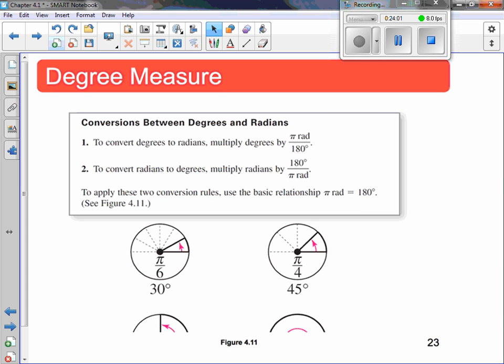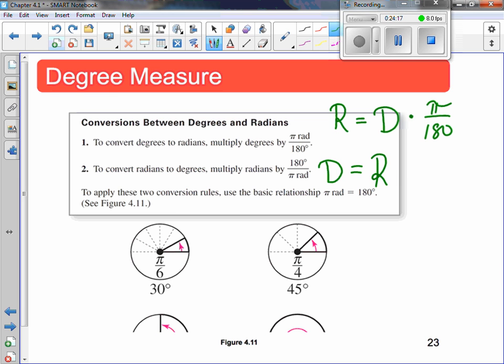If I want to convert into radians, I do my degree measure times pi over 180. If I want to convert to degrees, I multiply the radians by 180 over pi.